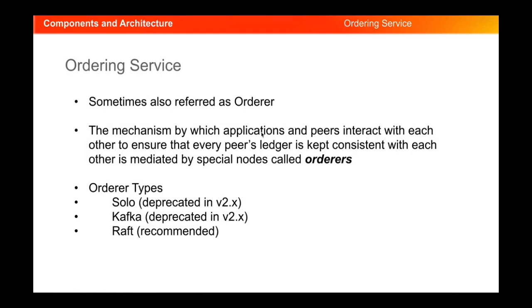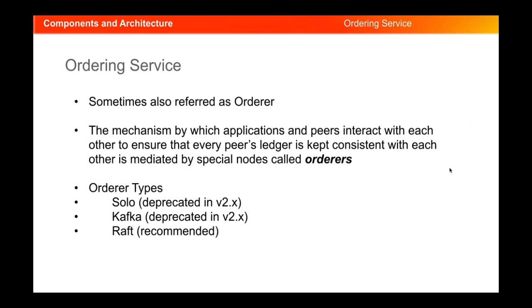Welcome back. In this section, we are going to see what the ordering service, or orderer, is. What is the role of the ordering service, or orderer component, in the Hyperledger Fabric ecosystem? The mechanism by which applications and peers interact with each other to ensure that every peer's ledger is kept consistent with each other is mediated by special nodes called orderers.